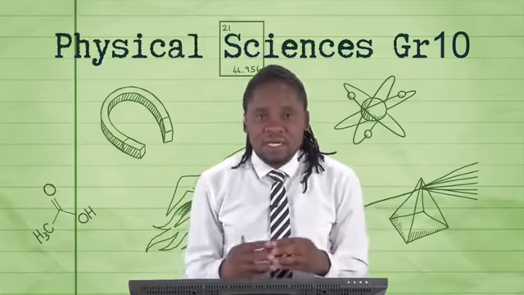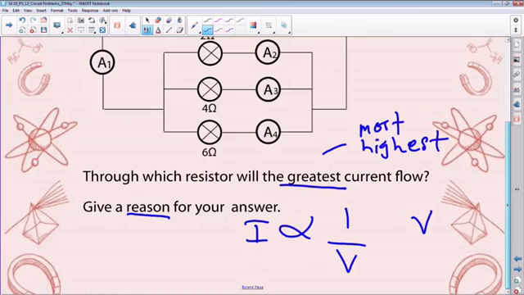So they're inversely proportional. In other words, as the resistance gets bigger in a parallel combination, that has an opposite effect on current, as long as V remains constant. So current is inversely proportional to resistance, provided the voltage is constant. The higher the resistance, the lower the current, and the opposite is true.